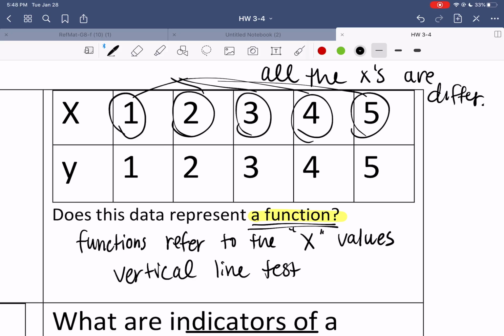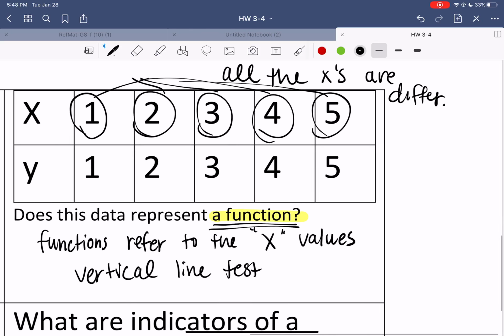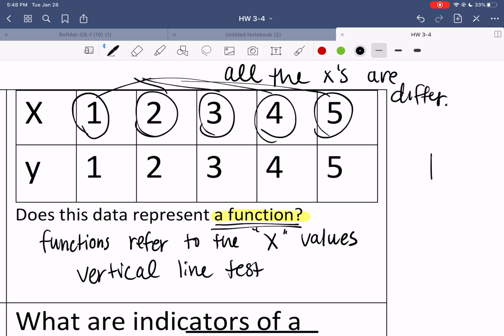And then if you're curious, you're more than welcome to, I can draw maybe a little. So 1, 2, 3, 4, 5. 1, 2, 3, 4, 5.